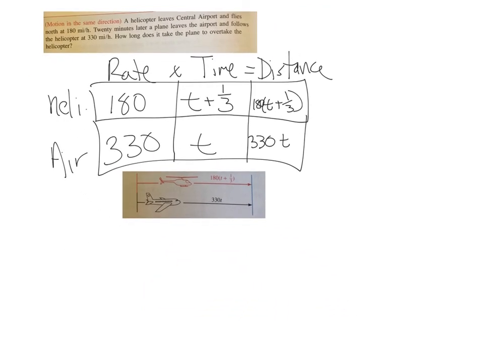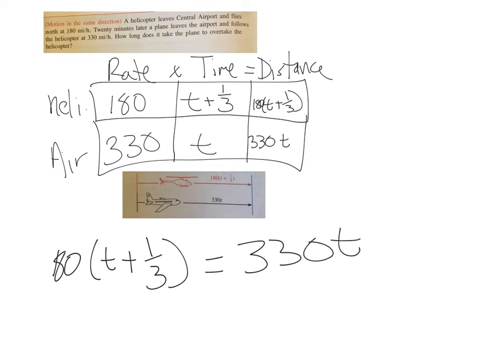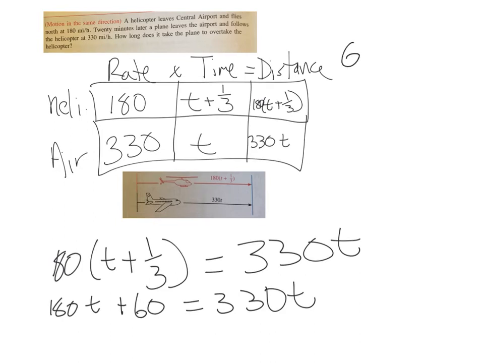Because if I know the distances are equal, I can take the expressions for the distances, 180 times (T plus 1/3), and set them equal to each other, 330 T. Distributive property gives me 180 T plus 60 equals 330 T. I can subtract 180 T from both sides, which gives me 60 equals 150 T. Then I just divide both sides by 150.